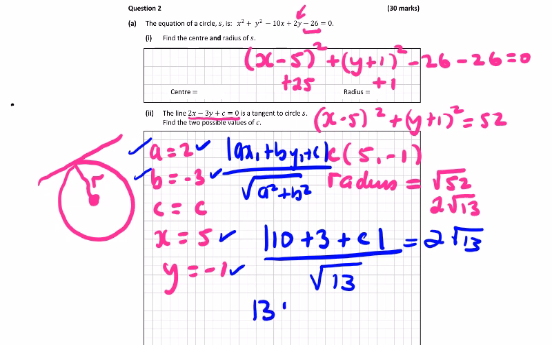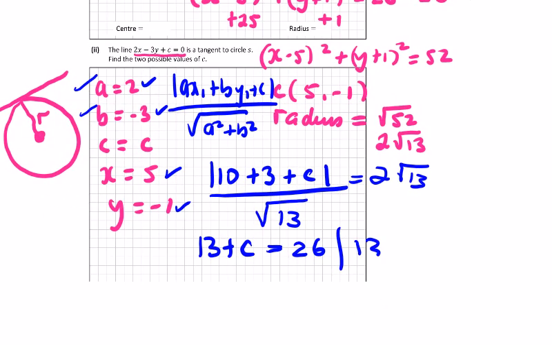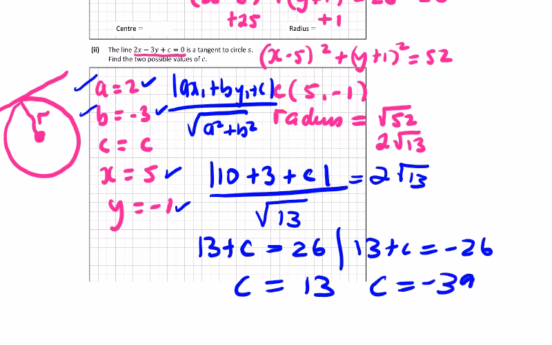So we're going to get 13 plus c is equal to 2 by root 13, which is 26, or 13 plus c is equal to minus 26. So c will be 13 here, or c will be minus 26 minus 13, minus 39 over here.